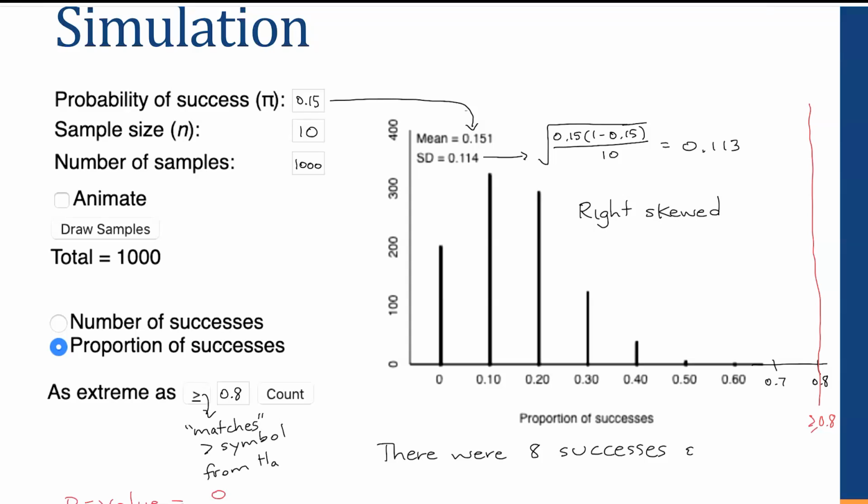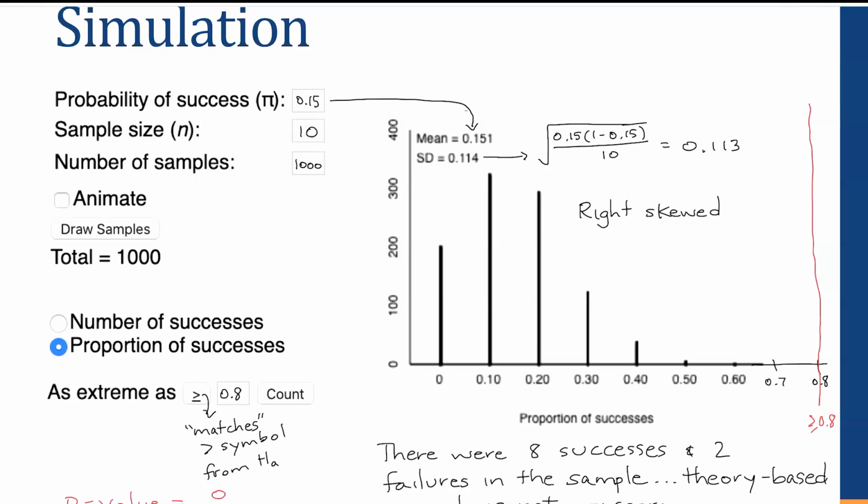Okay, and there were 8 successes and only 2 failures in the sample, in the data. And in order to use a theory-based approach, we should have at least 10 successes and 10 failures. Well, I'll just say it like this. Theory-based approach is not appropriate. We didn't have at least 10 of each.